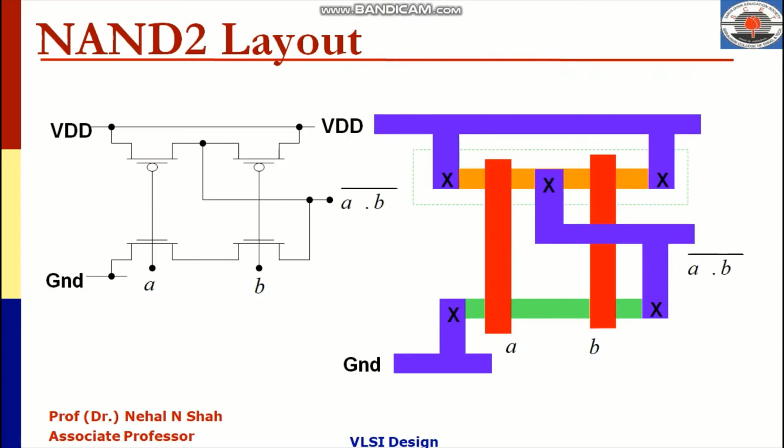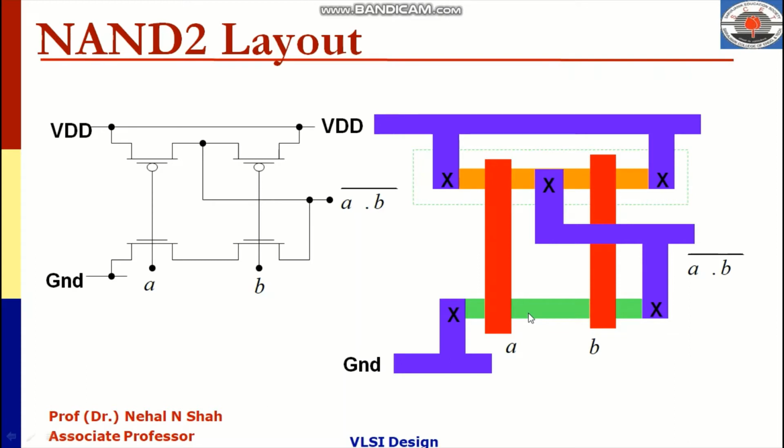For making layout of NAND gate, you can observe over here two transistors with vertical gates are taken. NMOS are in series in case of NAND gate.